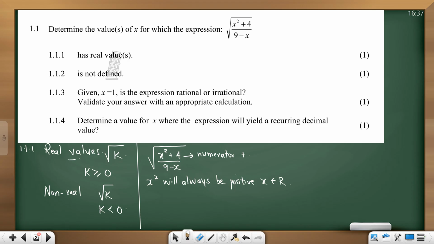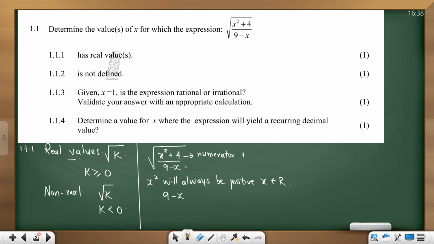Now I have a denominator. Do you notice that I want 9 minus x to be greater than or equal to 0? Basically greater than 0 if you want real values. So what do we say?